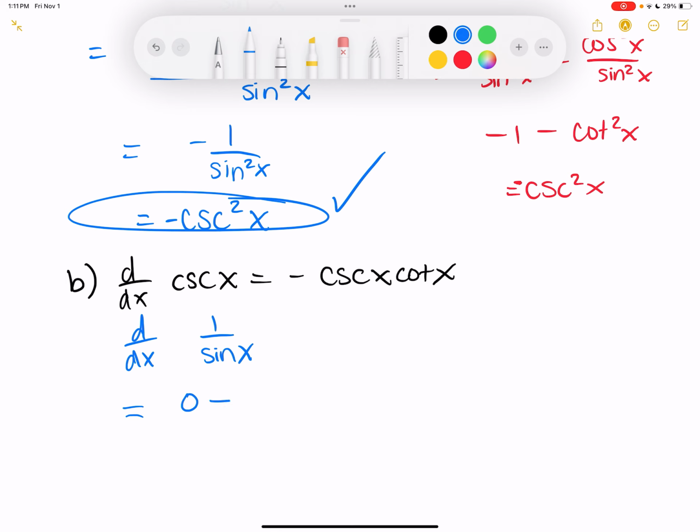I usually just write the 0 so that I remember to put the minus sign, but you don't have to. And then that's 1 times cosine of x over sine squared x.